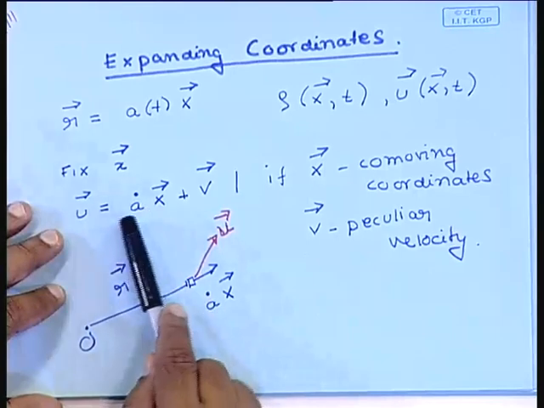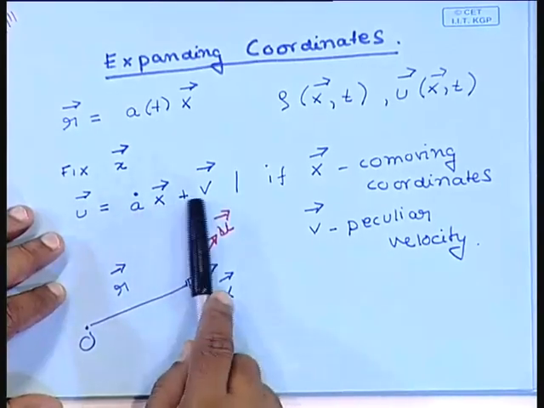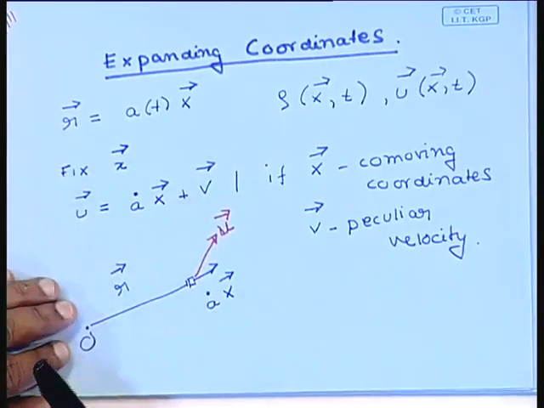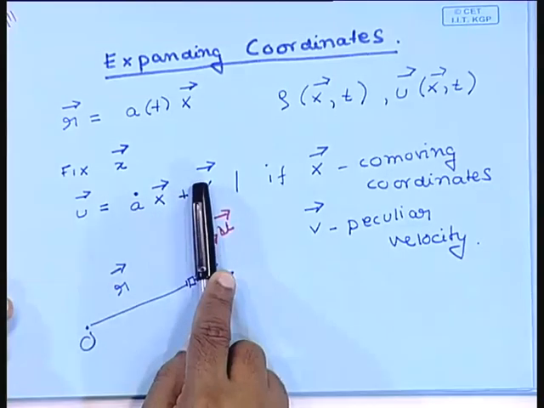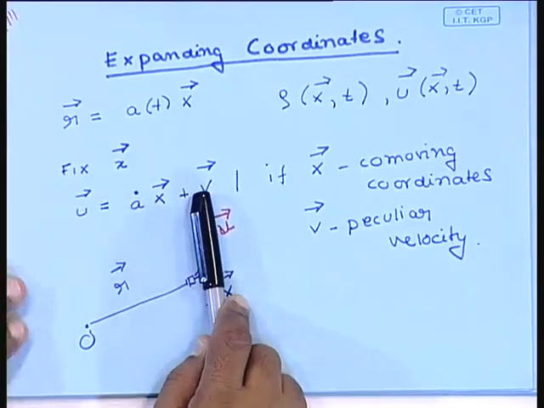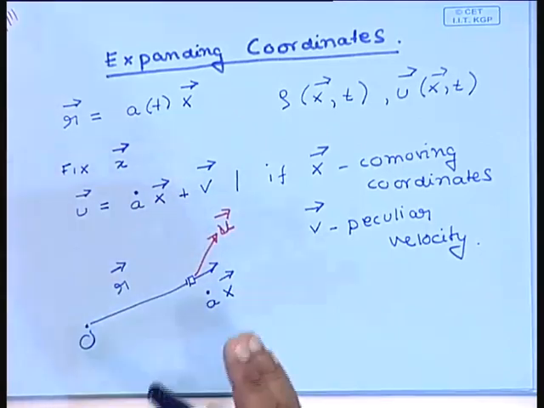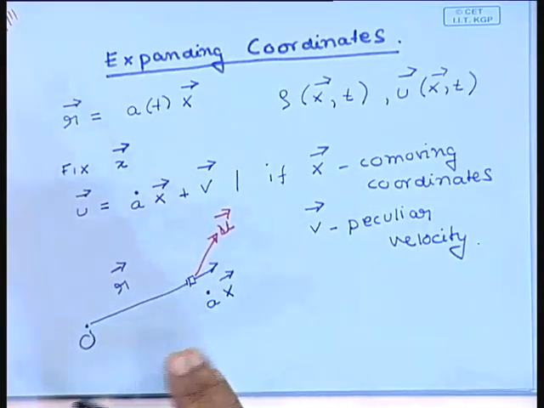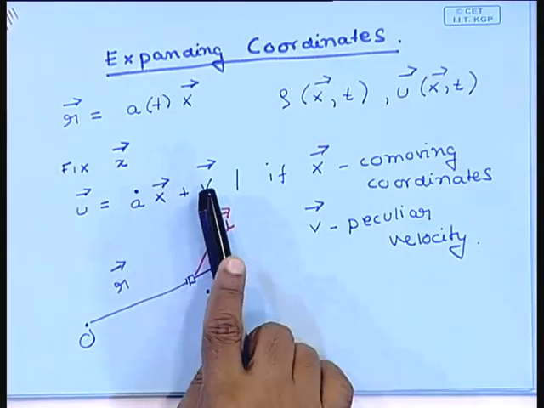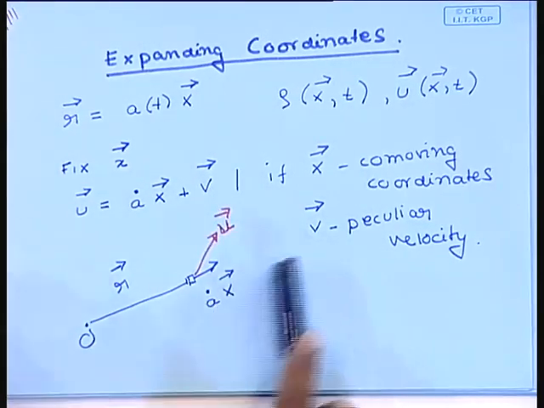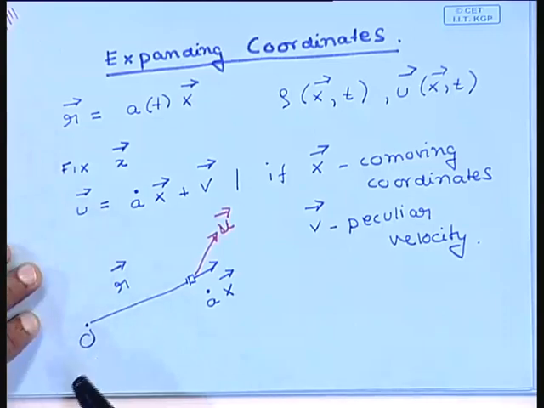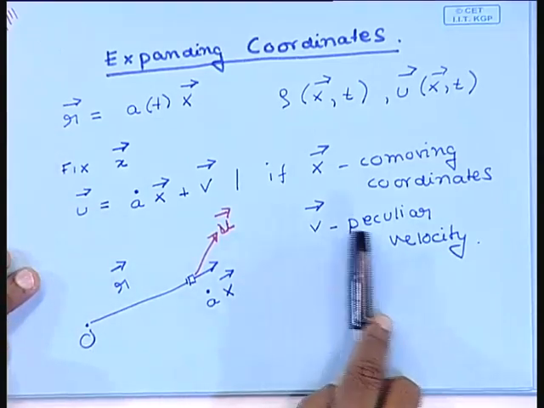Any deviation, any excess velocity with respect to that is v. In the cosmological context, v is the deviation from the predictions of the Hubble law of expansion, and this is what is referred to as peculiar velocity.